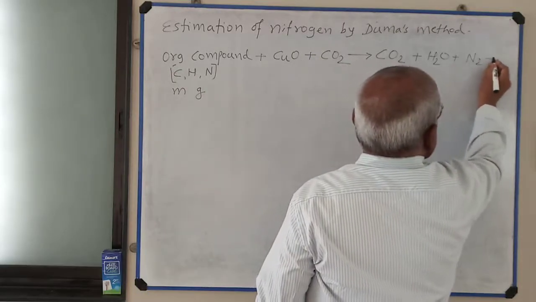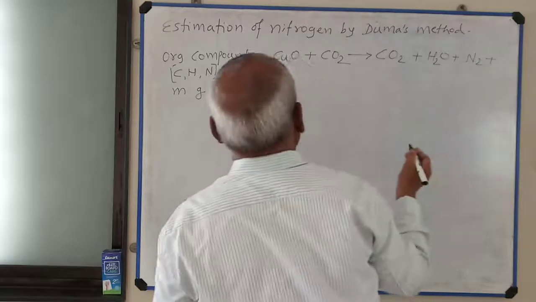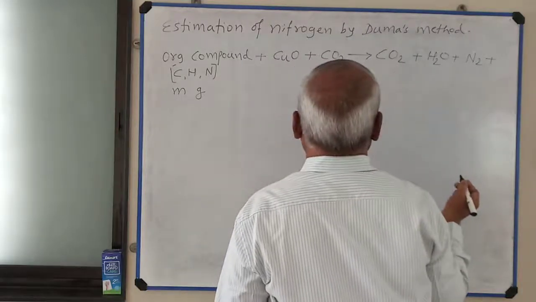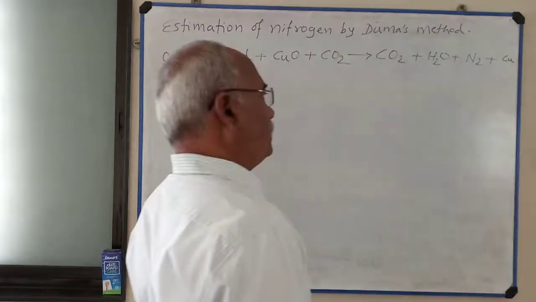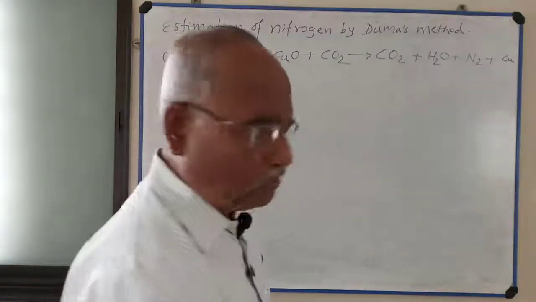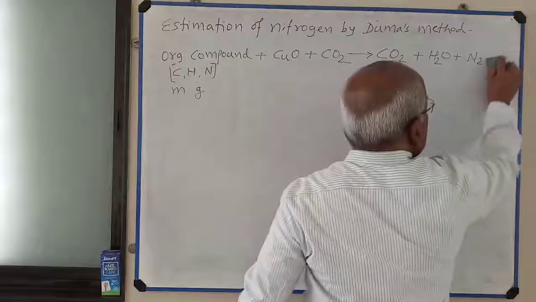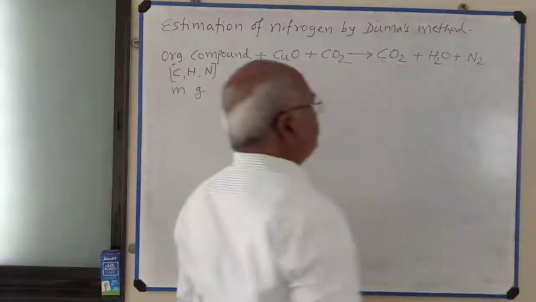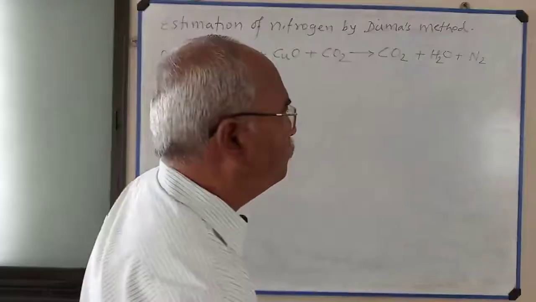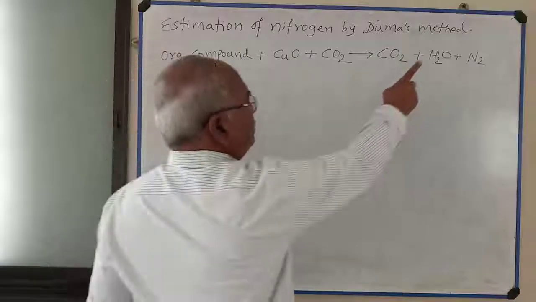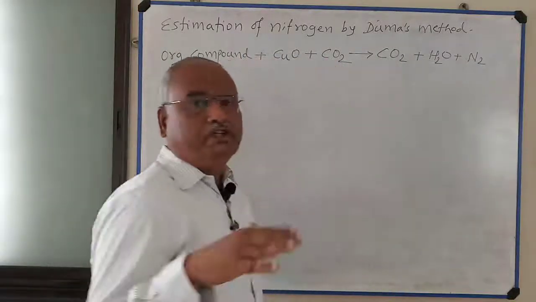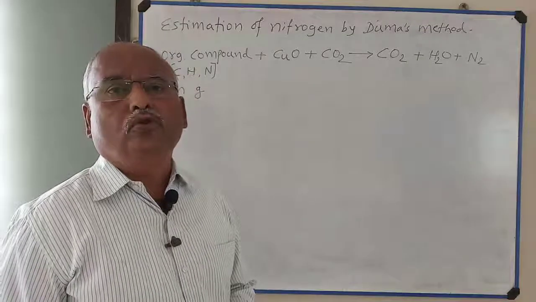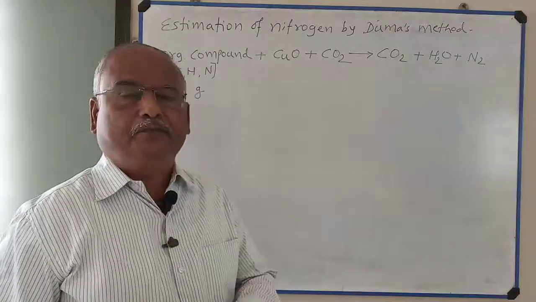Cupric oxide gets converted into copper. You only remember these things: carbon is oxidized to CO2, hydrogen is oxidized to H2O, and nitrogen is converted to nitrogen gas.